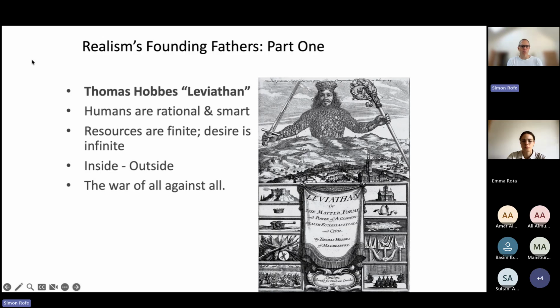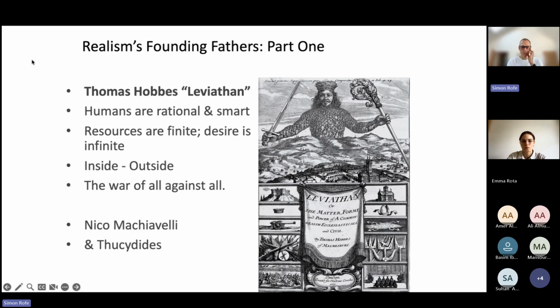I'm only strong because you're weak. Okay, it's a pretty brutal understanding of the world. It's why you build castles, why you stockpile weapons, because your strength and your ability to use that strength demonstrates your power.